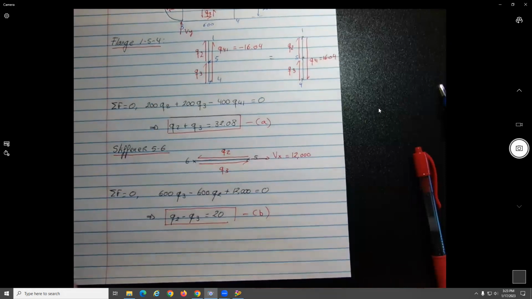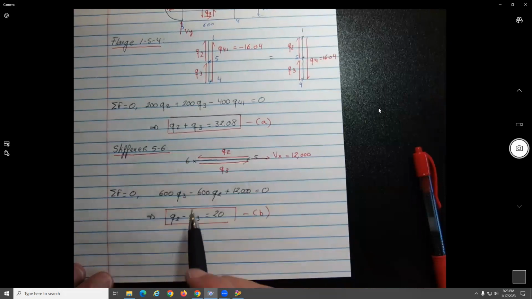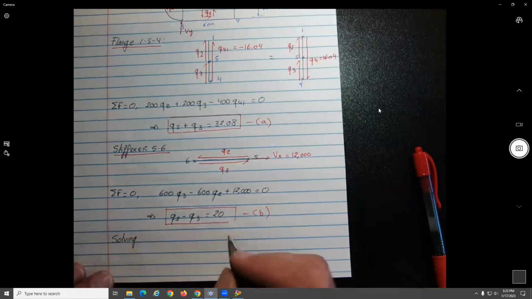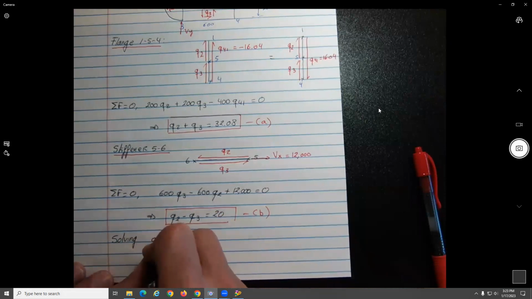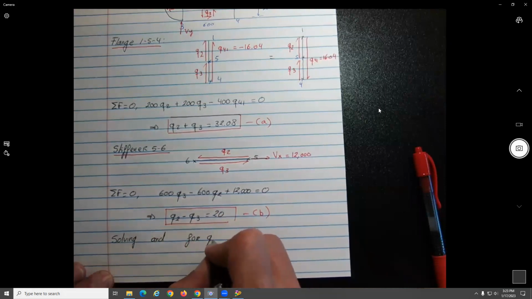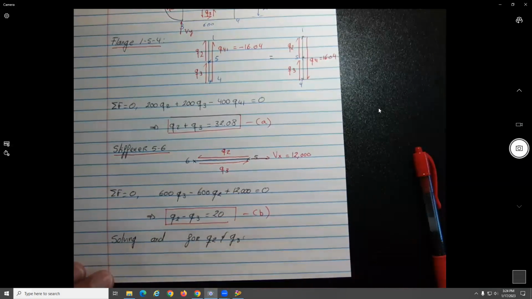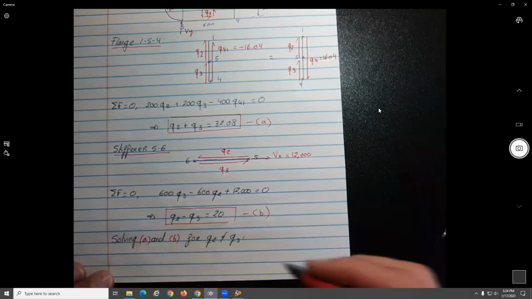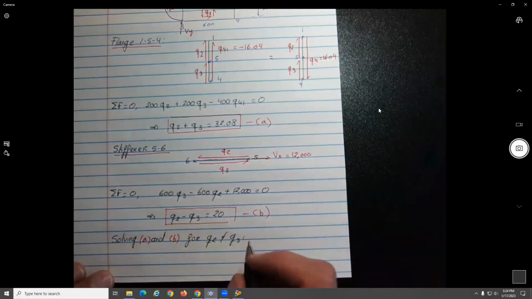So now what can we do? We could actually solve these two equations, A and B, for Q2 and Q3.